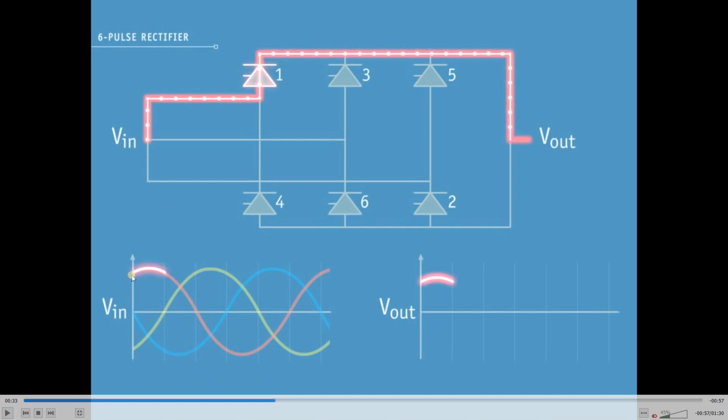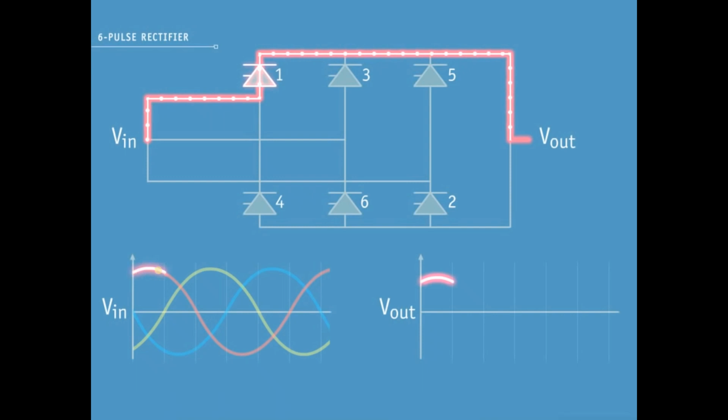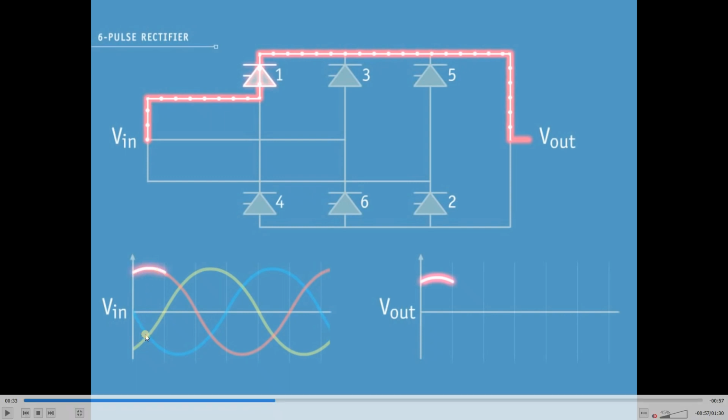Now, as you see, in the first segment, only the red phase is having its maximum positive amplitude. The yellow phase is not having its peak value, and blue is also not having the peak value, because yellow has its peak over here and blue has its peak over here, in the second segment.